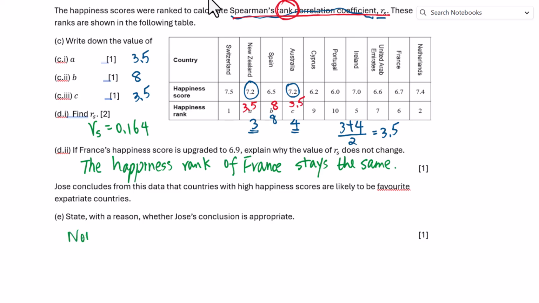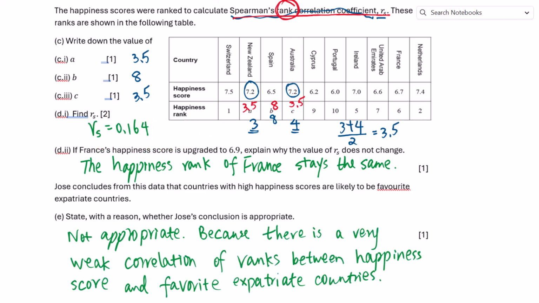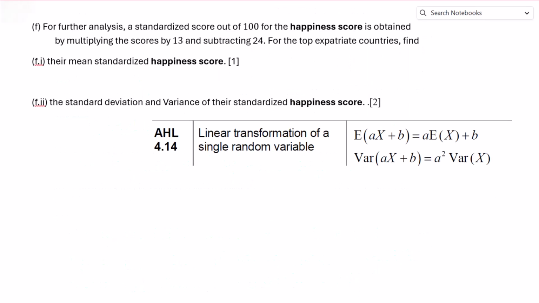It's not appropriate because r sub s shows a very weak correlation of ranks. There is a very weak correlation of ranks between happiness score and favorite expatriate countries. Let's go to F.